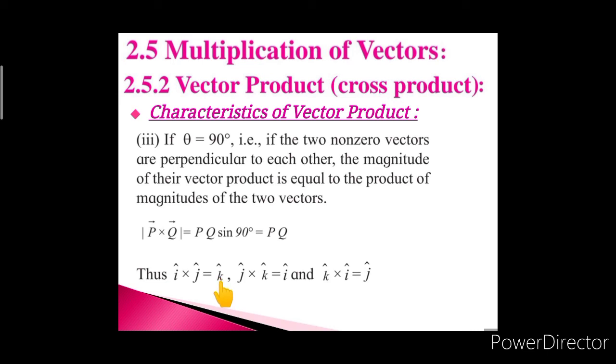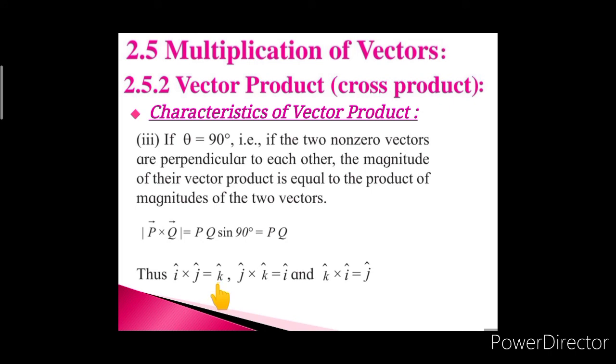As we know, the direction of the result of the vector product is perpendicular to the plane containing the two vectors. In the mutually perpendicular three-dimensional x, y and z axes, i cap represents the unit vector along the x axis, j cap along the y axis and k cap along the z axis.